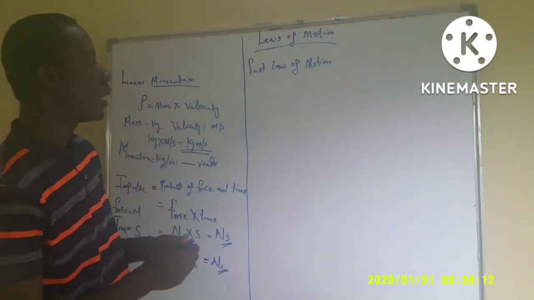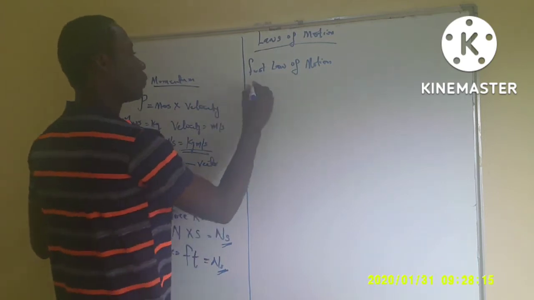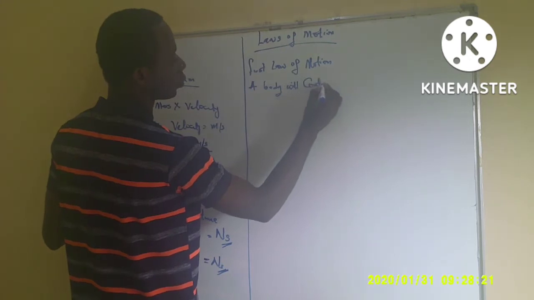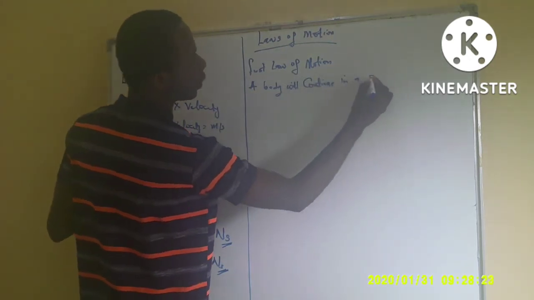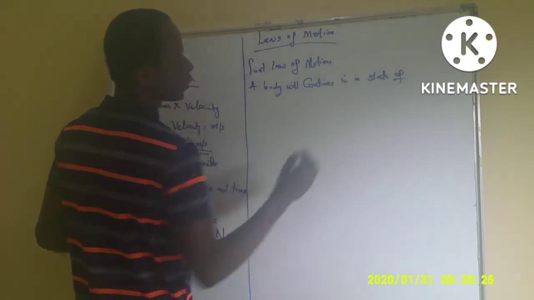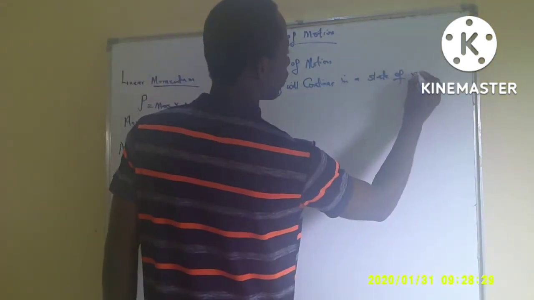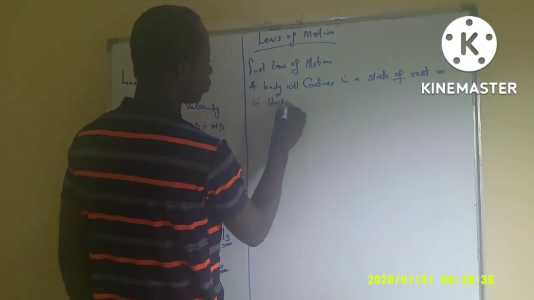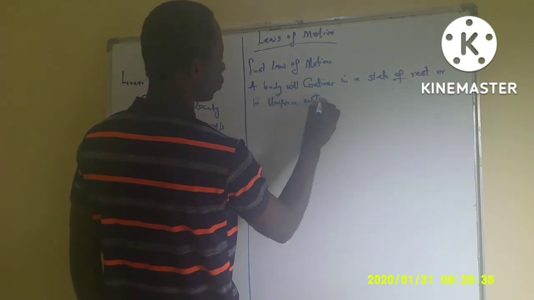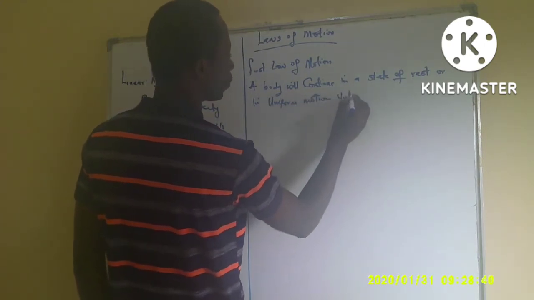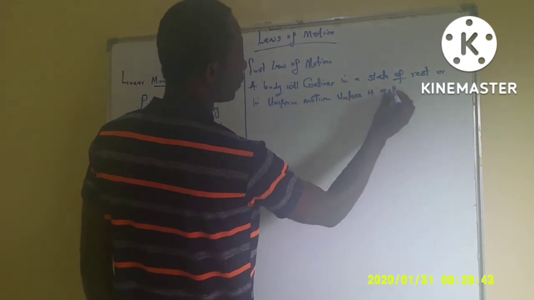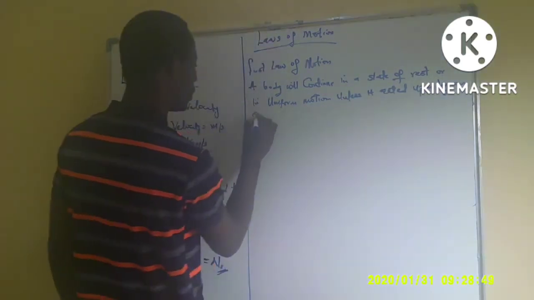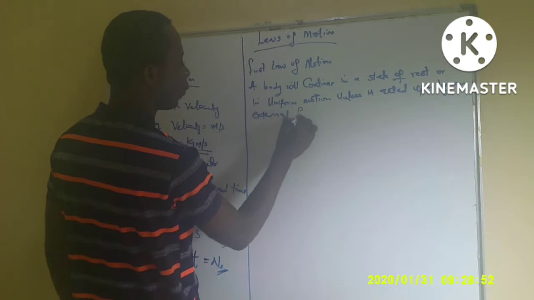And the first law of motion states that a body will continue in a state of rest, or in uniform motion, unless it is acted upon by an external force.